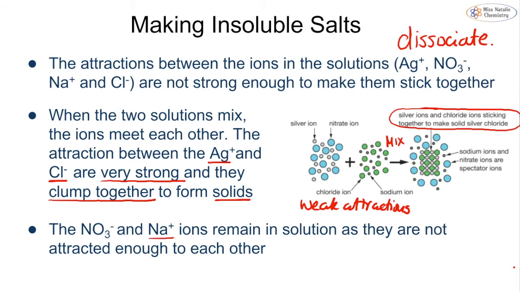Now, the sodium and the nitrate, they've got an attraction to each other, but again, this is a weak attraction. So they actually just stay in solution. Because although there is an attraction, they are similar to what we had at the start, that it's not strong enough in order to stick them together. Whereas for the silver and the chloride, the attractions are strong enough to stick together.